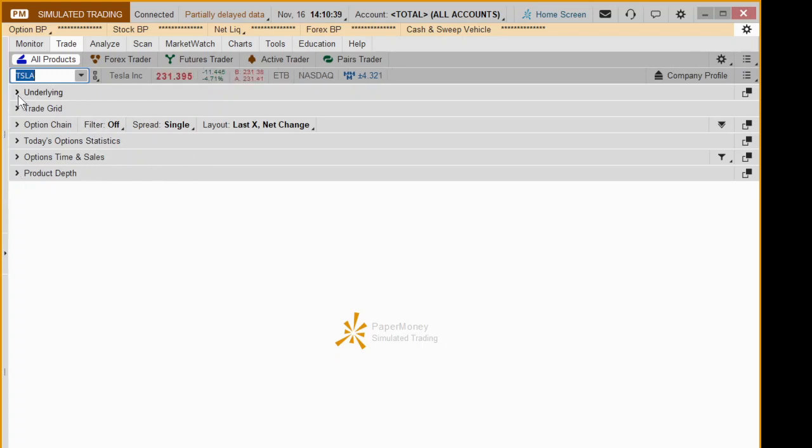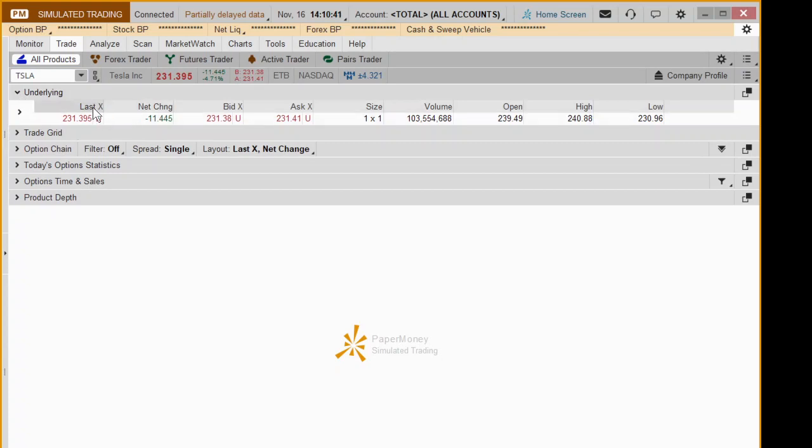So we have the underlying. The underlying is for the shares. This is what the shares are going for. Shares are the actual company that you want to buy per share. I do also have a video on www.open2trading.com, and you go all the way down to the bottom to my YouTube, and it describes the difference between shares and options.